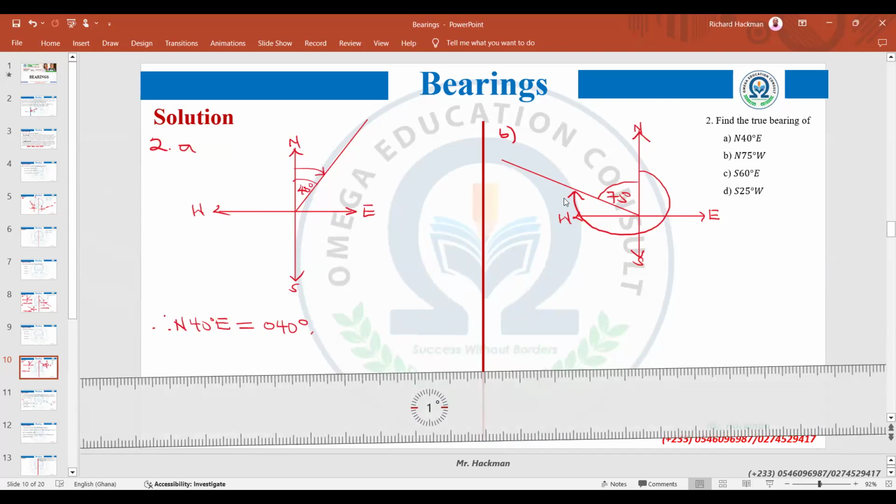Yes. Okay, please, it's good, I solved this question. So therefore, I will say that north 75 degrees west will be equal to 270, and you know that this angle would be what? 25. So that will give us what?